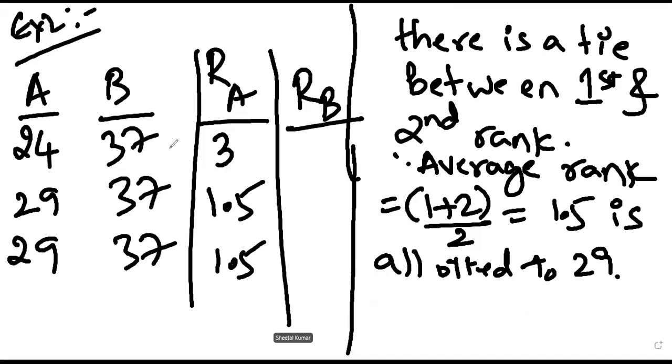Similarly, the next column 37, 37, 37. There is a tie between first, second, and third rank. Is it right? So in this case, what would be the average of first, second, and third? What should be the average of these three values? 1, 2, 3.